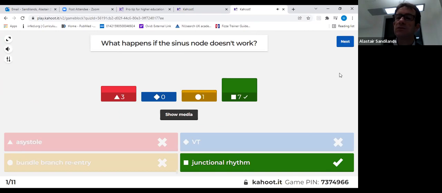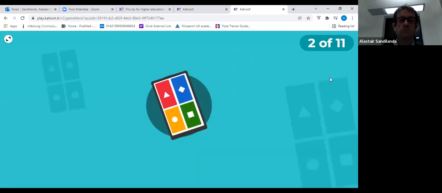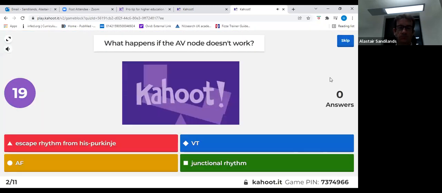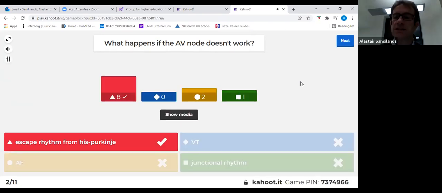The AV node luckily will take over. Yeah, very good. So you're getting escape rhythm from the His-Purkinje system. There's not escape from below the AV node as an answer, but that could be another correct answer.